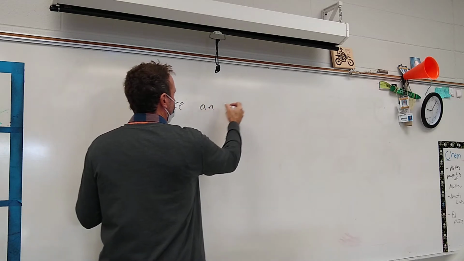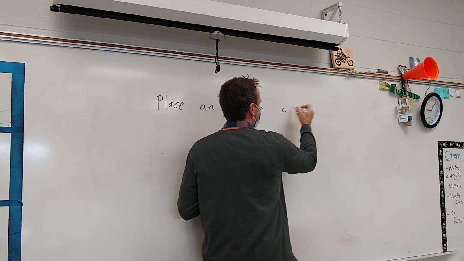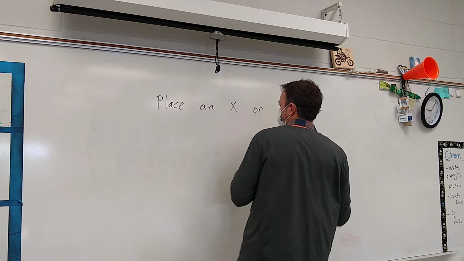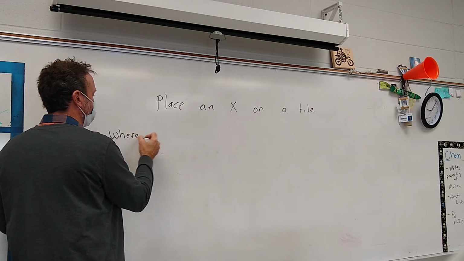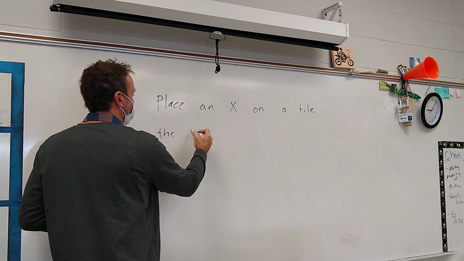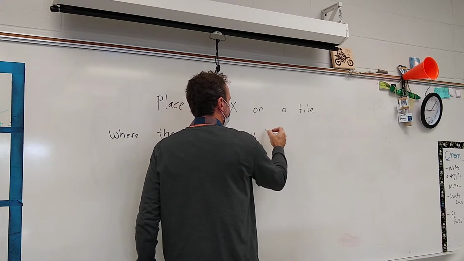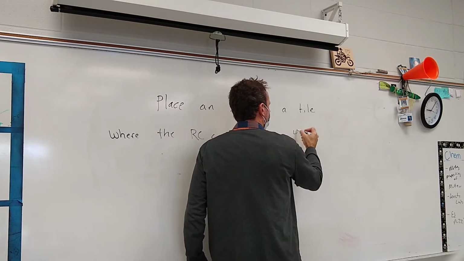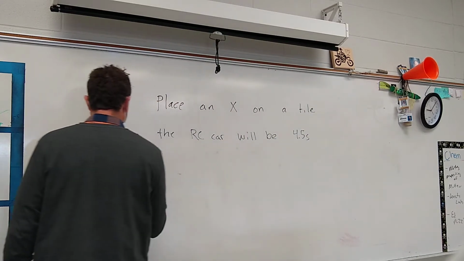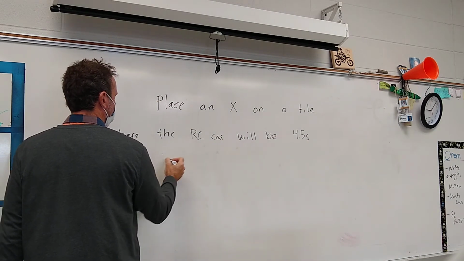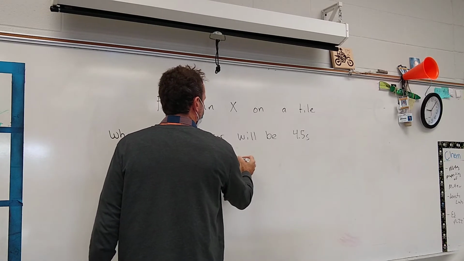Place an X on a tile where the RC car will be 4.5 seconds after crossing the start line.